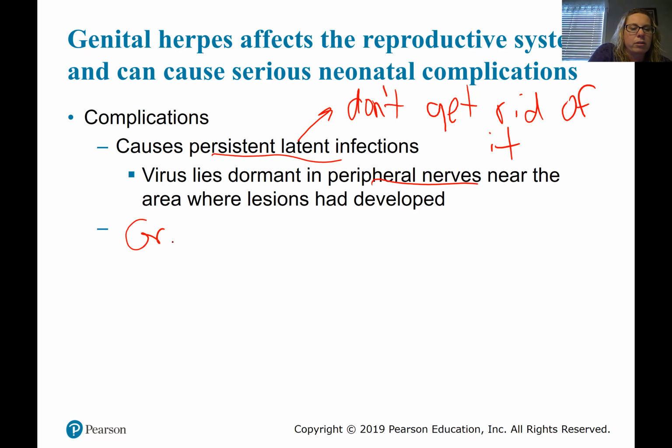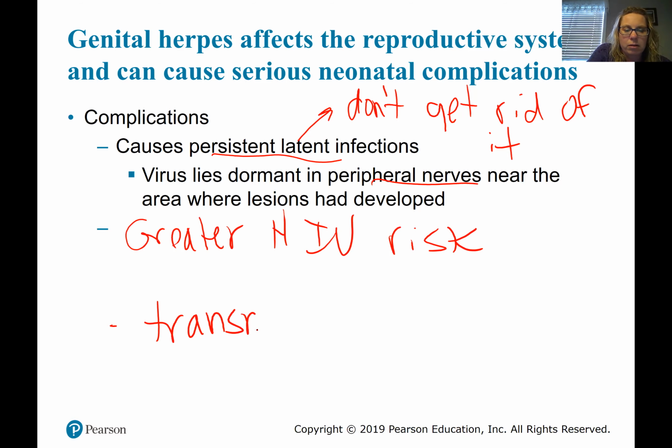Again, there's a greater HIV risk. And then also, if it is a pregnant mother, it can be transmitted to an infant during birth.